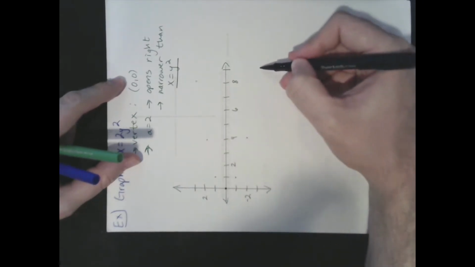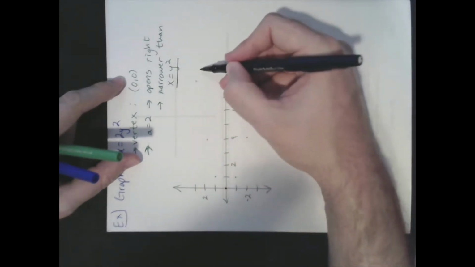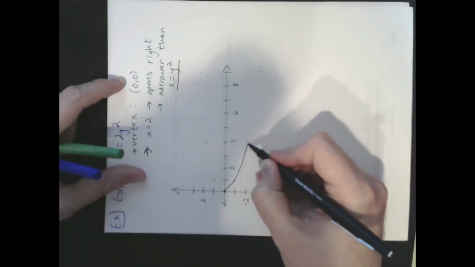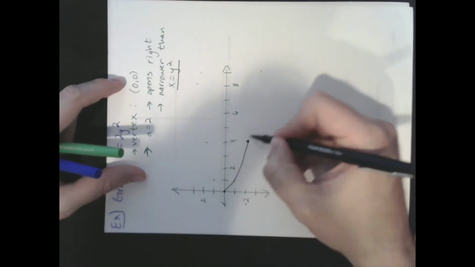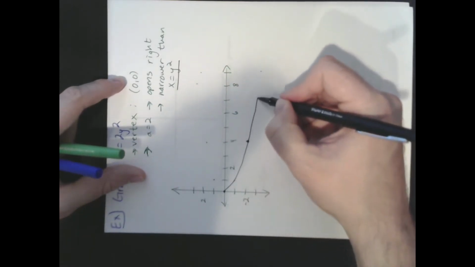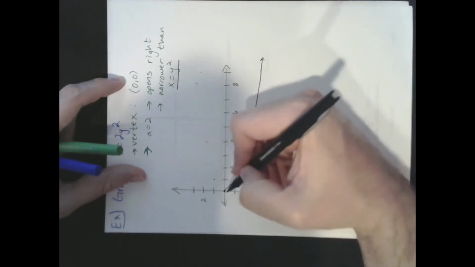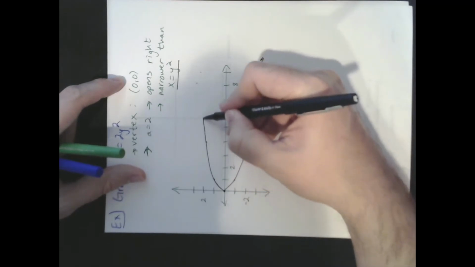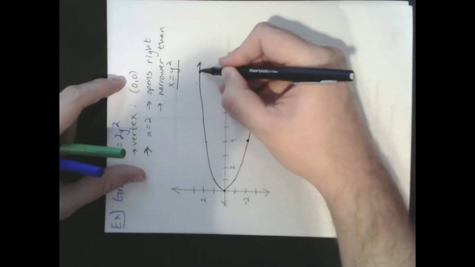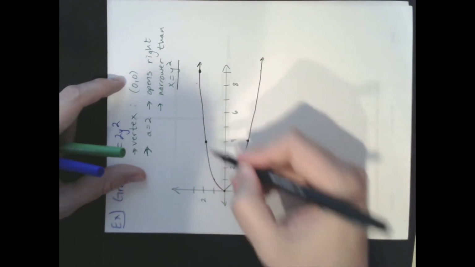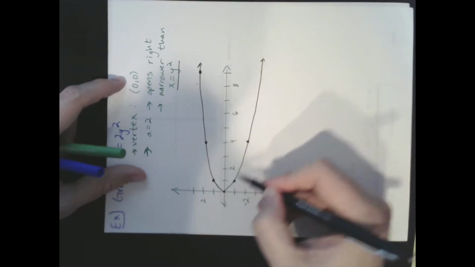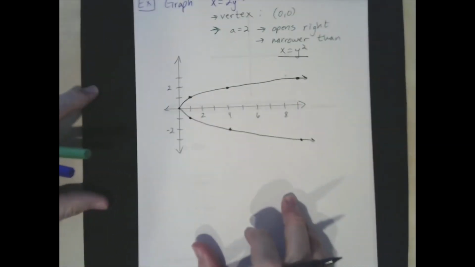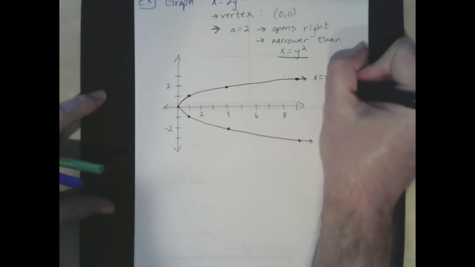And then 3, 9. -3, 9. And we have our parabola. Just make my point bigger afterwards. And then turn it back. And we have x equals y squared.